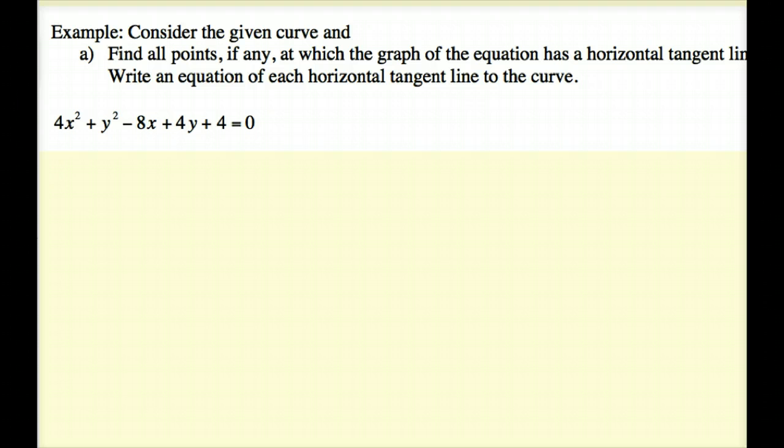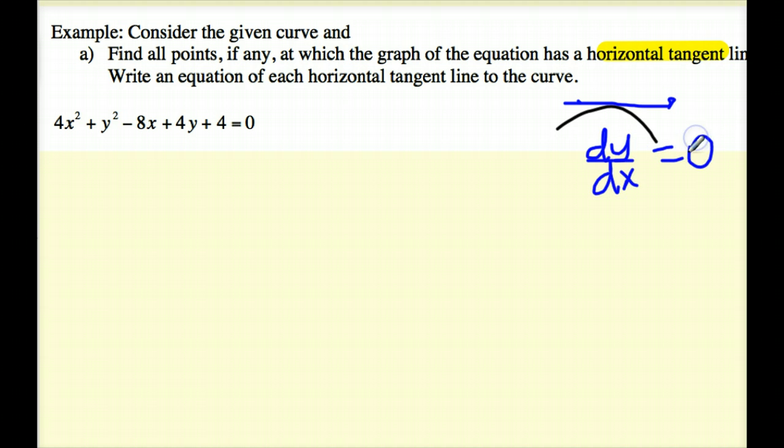So what I need to do is make sure we review what it means to be a horizontal tangent line. In order to be a horizontal tangent line, I'm going to have a curve that looks like this, right? And what we're going to need is to make sure that our curve has a tangent line that looks like this. And in calculus, that means my derivative has to equal 0.